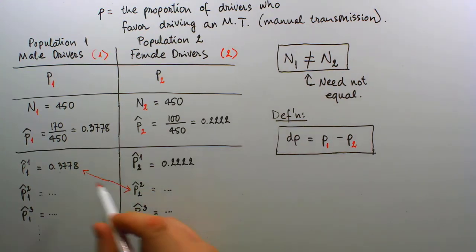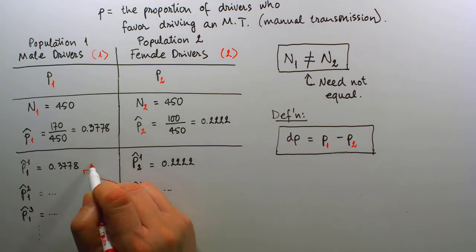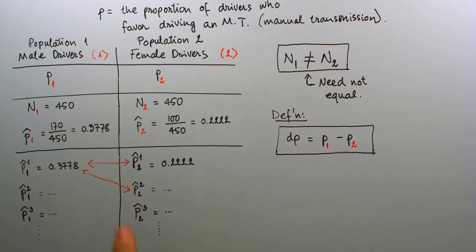Or aside from that, I can subtract directly the two samples that I currently have. So this short double arrow line, connecting pH1 first sample and pH2 first sample, indicates that these two can create another difference.